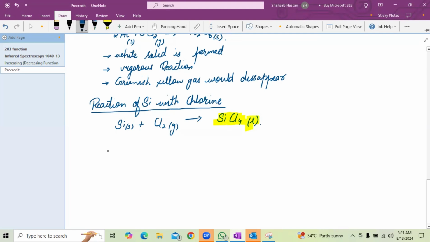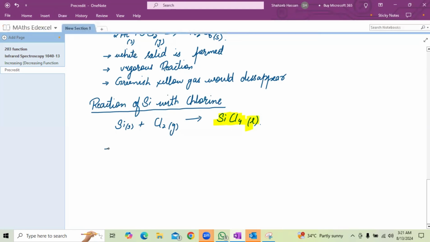So what are the observations? The observation is that silicon reacts slowly with chlorine. And what is going to happen?